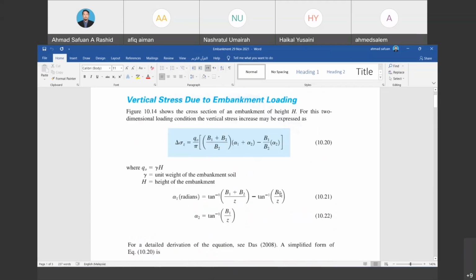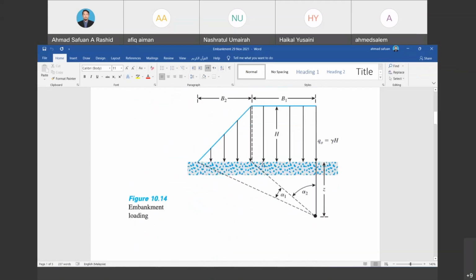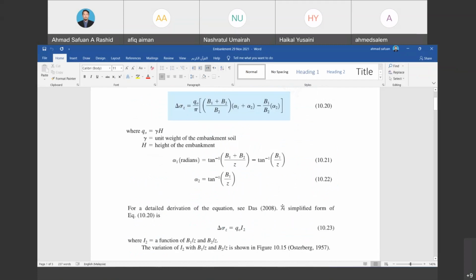The alpha 1 represents the angle from the toe to the top of the embankment slope. So that is alpha 1, alpha 2 minus B1 over B2 times alpha 2.